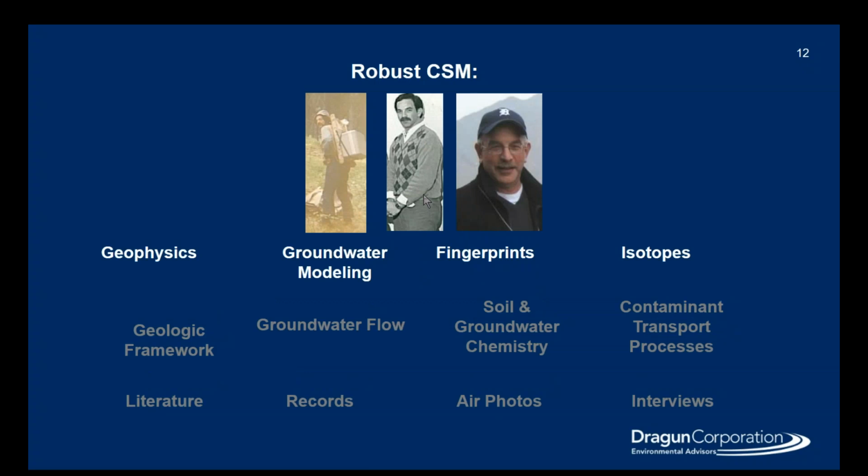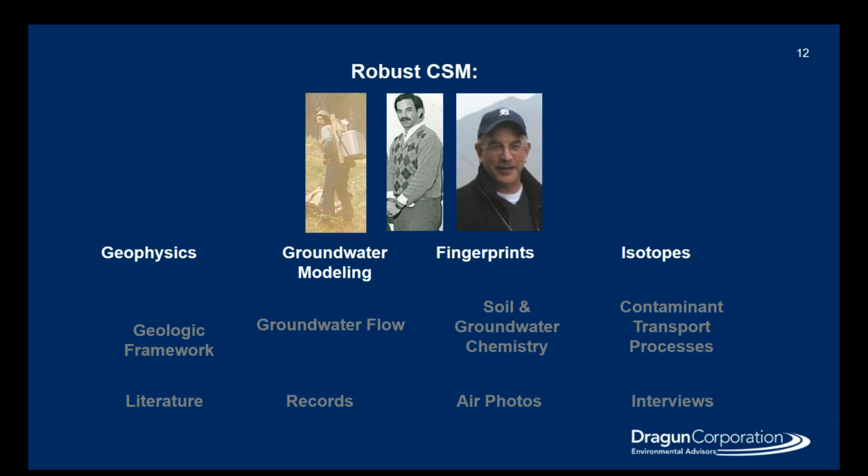And then we go to the robust conceptual site model. So here we've already got a conceptual site model that's pretty good, but then we add things that can constrain the model and make it convincing to other people who may not want to be convinced. And this I call the robust conceptual site model.